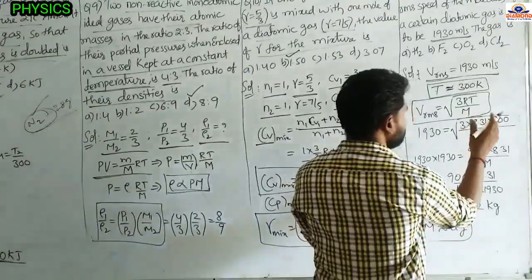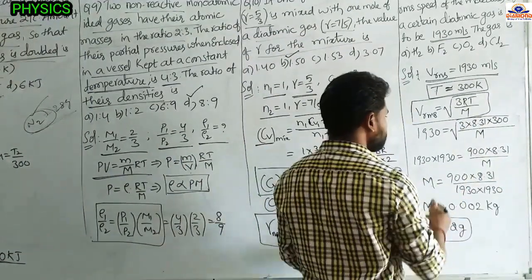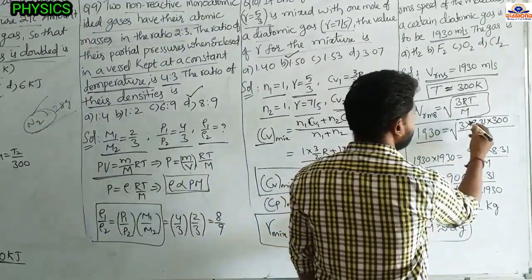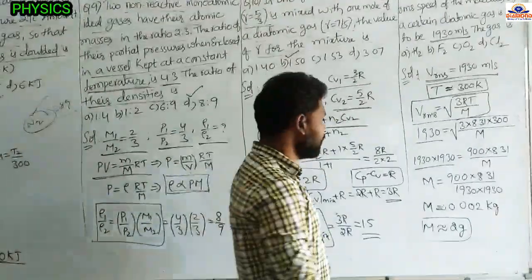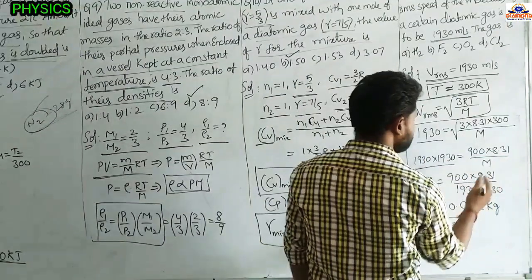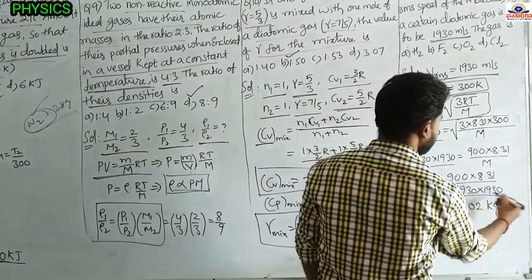Now to remove the square root, we have to square both sides. So 1930 into 1930 equals 3 into 300, 900 into 8.31 by capital M. So capital M equals, sending this to this side, 900 into 8.31 by 1930 into 1930.